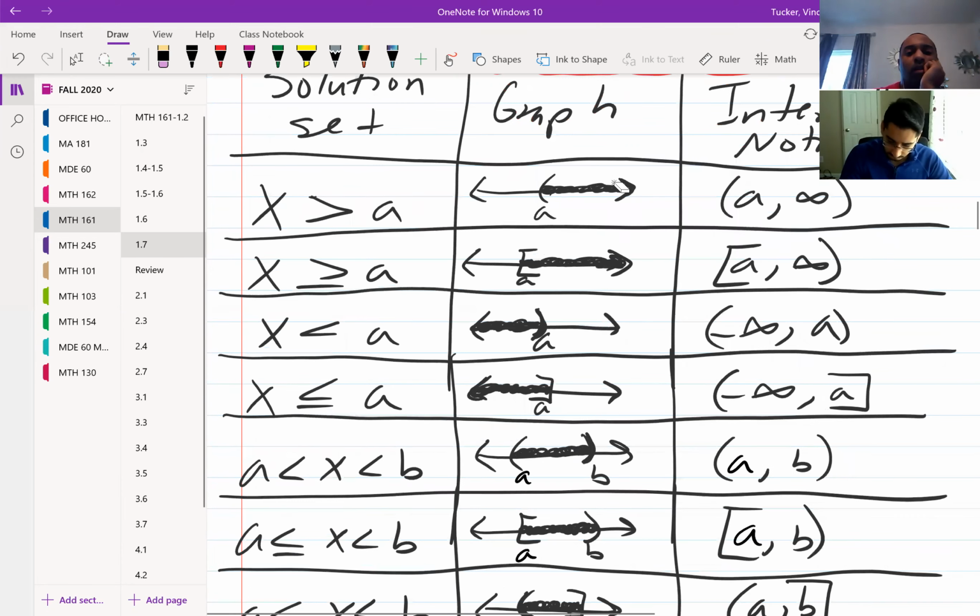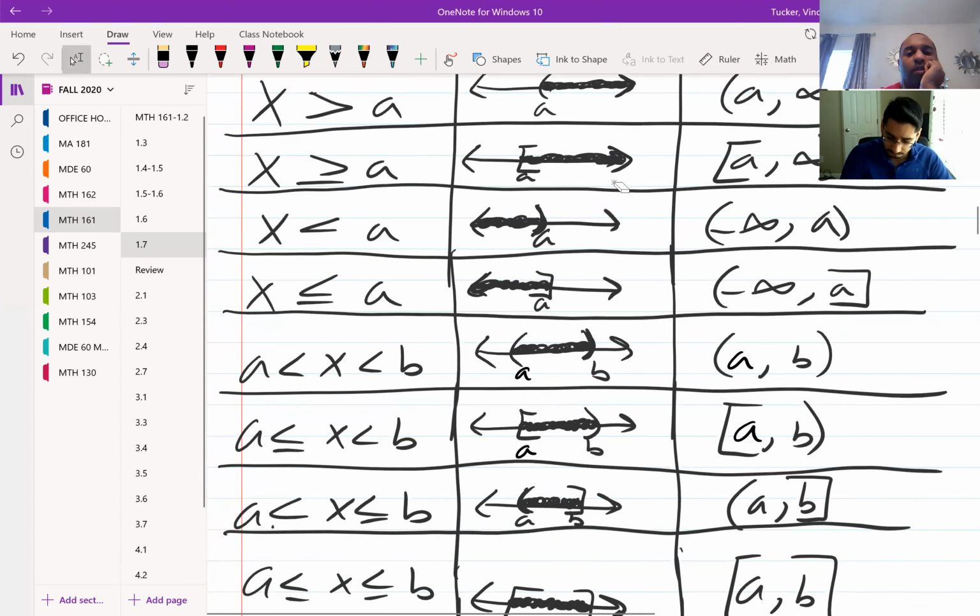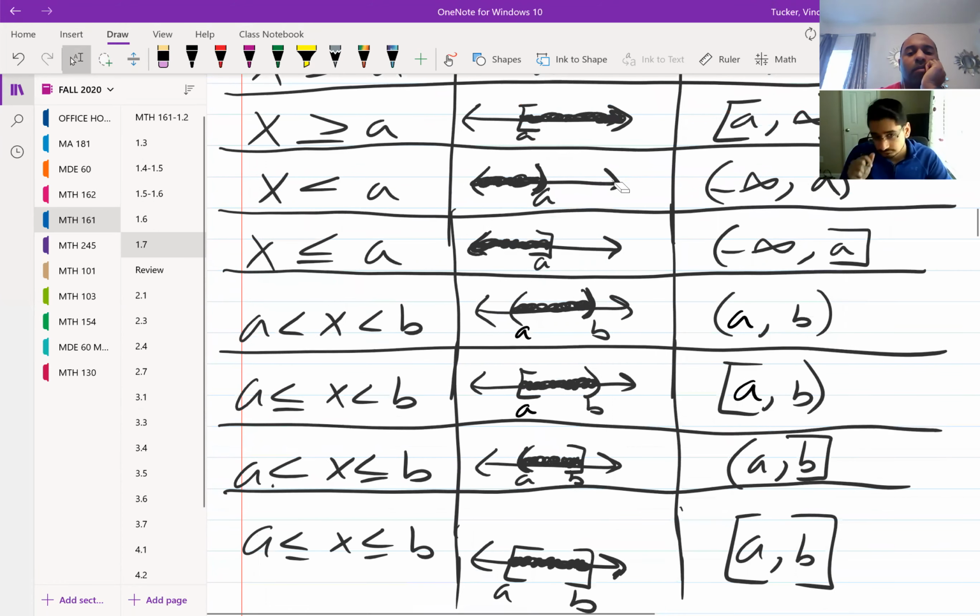Okay, next 4. Here we have 3-part inequalities, and we'll talk about that, of course, before we close out solving your 3-part inequalities. Notice your variable is in the middle, and you're talking about the values. Your solution set will be the values that are greater than a, but less than b. So that will be shading in between a and b. So that first one in this scenario, you have parentheses over both a and b.